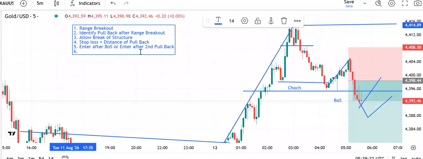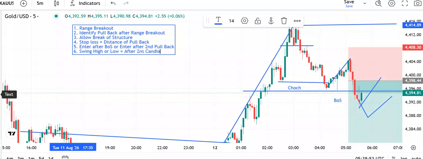Now, swing high or swing low is equal to the swing high or swing low formed after second candle formation.